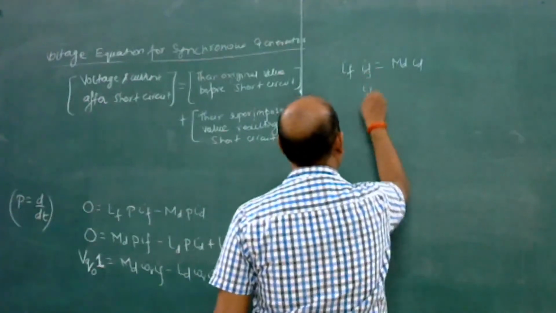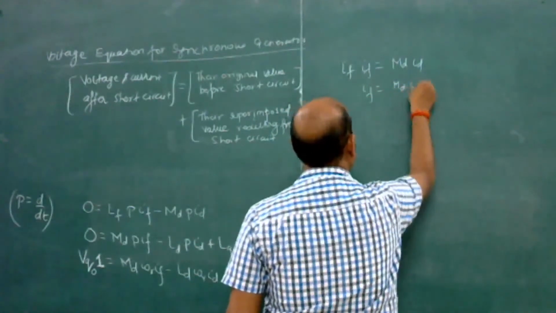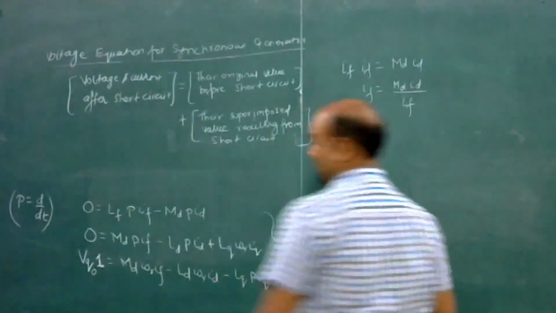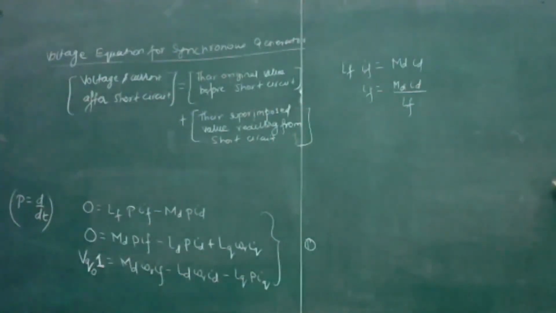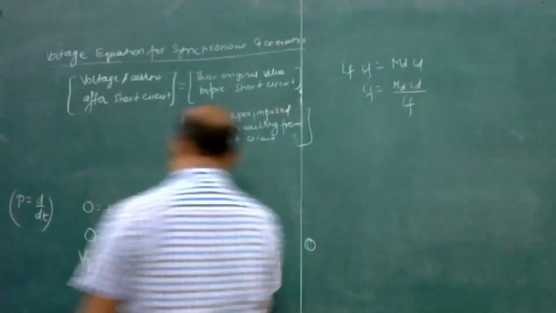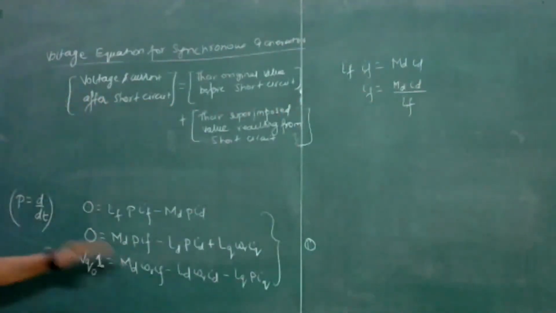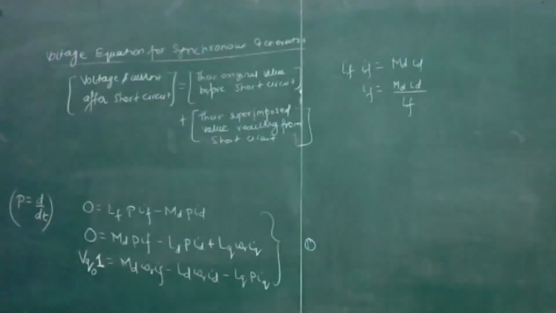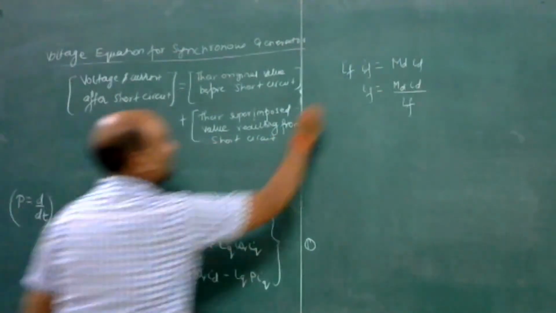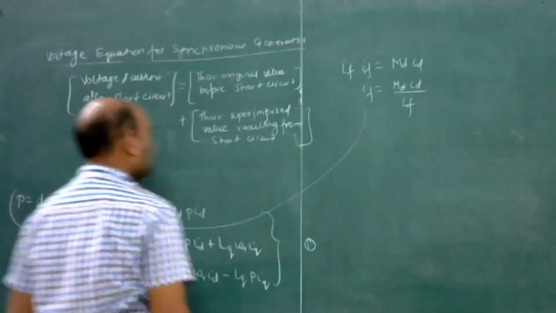So IF will be equal to MD ID upon LF. So this will be the value of IF. We will substitute this value of IF in the remaining two equations, and we will find the values of ID and IQ.